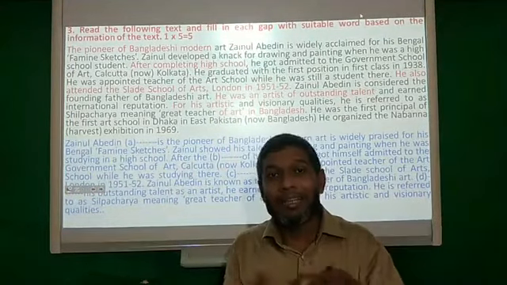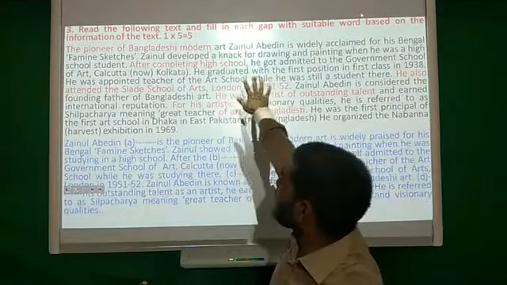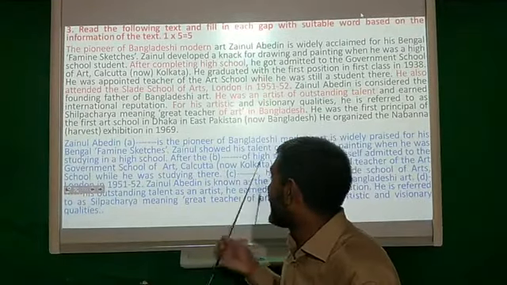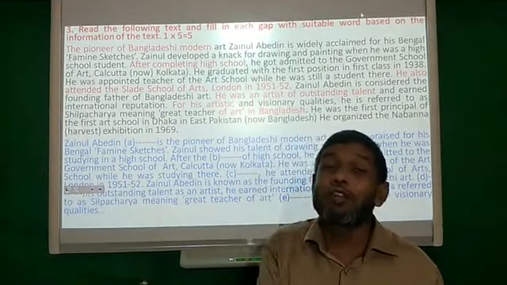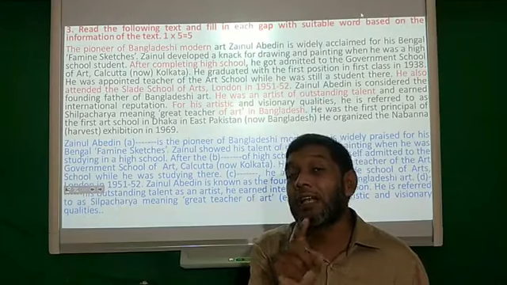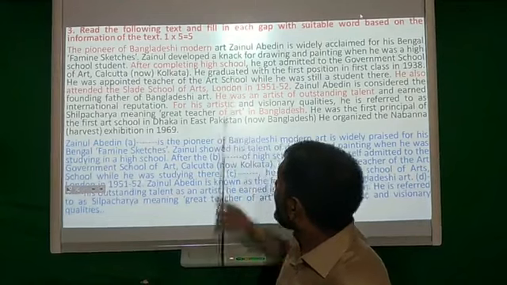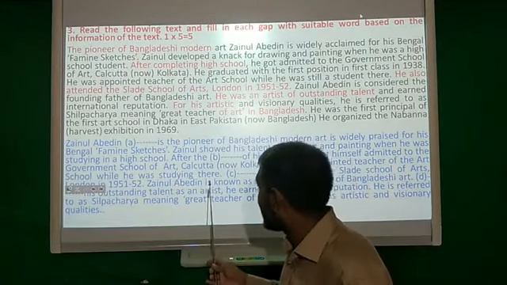It may be another change. Suppose in the passage it is in the positive form, the sentence here may be in the comparative form. So you just have to be technical about what changes they have made when writing from the passage in the questions.